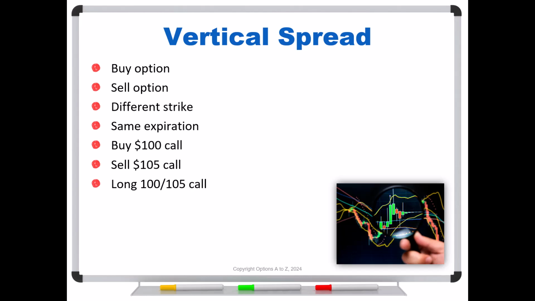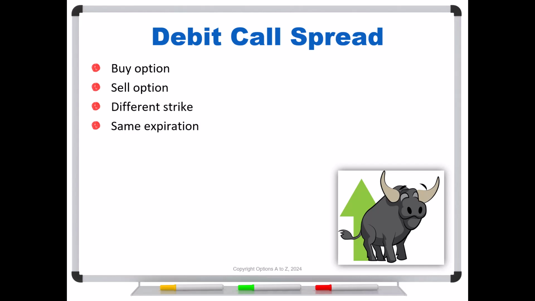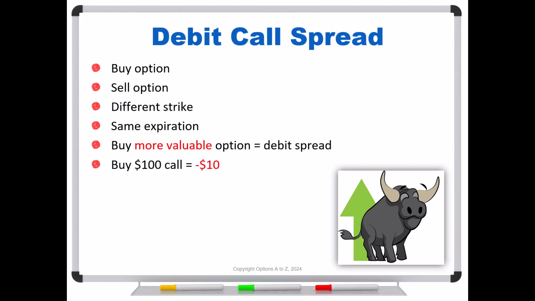All right, so we have to reclassify spreads again. We have debit and credit. If you have a debit spread, you're going to buy an option and you will sell an option, again, different strike, same expiration, but you're going to buy the more valuable option. That's what's making it a debit spread. So when it comes to call options, you will be buying the lower strike. Let's say that you buy the $100 call, maybe it's trading for 10 bucks in the market.